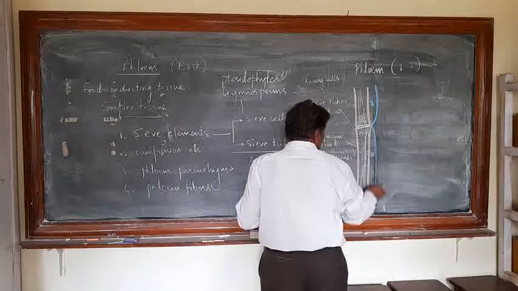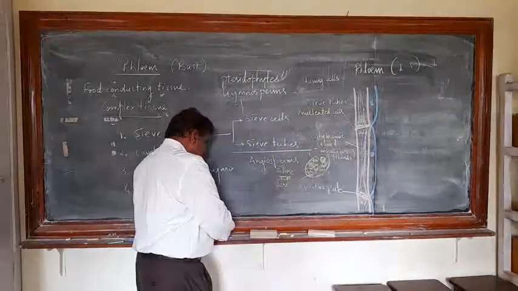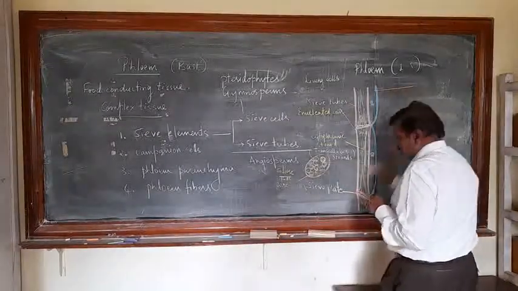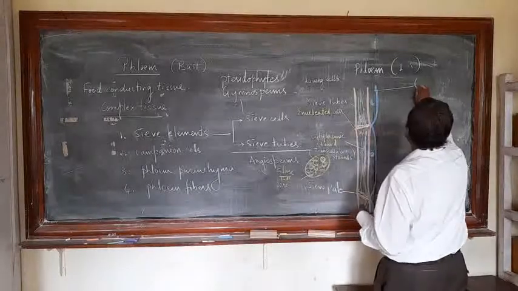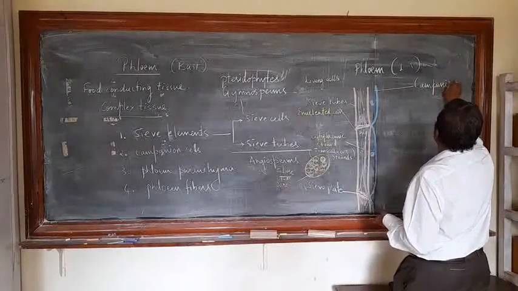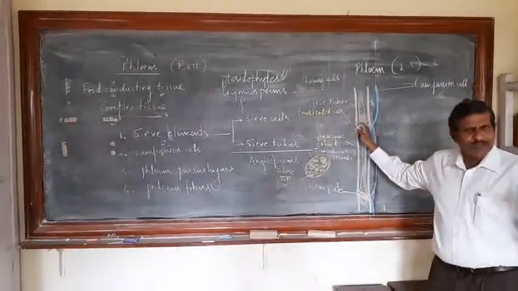You can ask the question, what is this elongated and narrow cell? This elongated narrow cell is usually called the companion cell. It is a companion cell for the sieve tube.